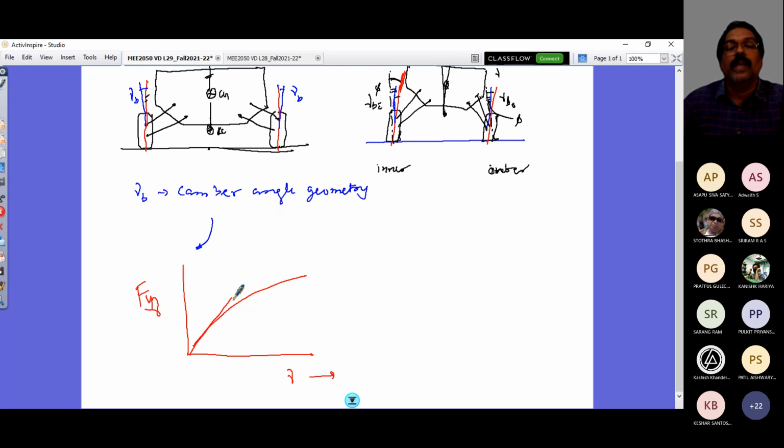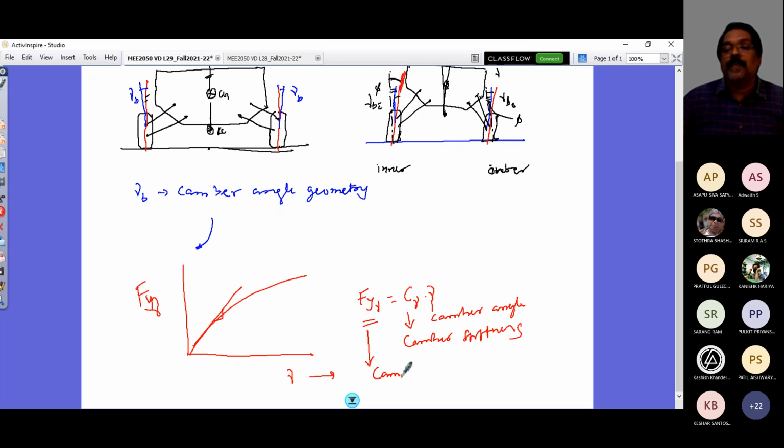This is the camber stiffness of the tire, and I would have my Fy gamma, similar to how I wrote earlier, that is C gamma times gamma. So this is camber stiffness, and this is camber angle, and Fy gamma is the lateral force due to camber. That's called camber thrust.